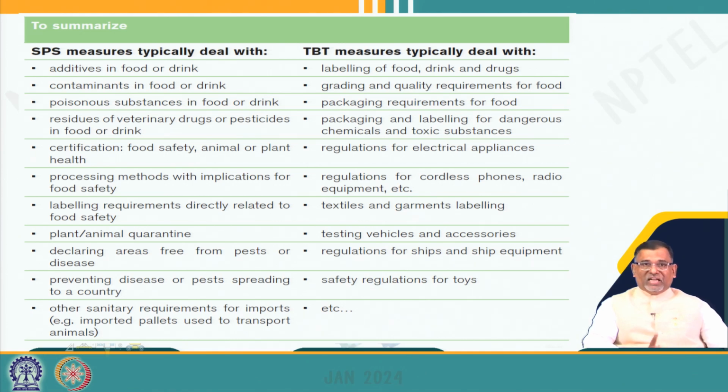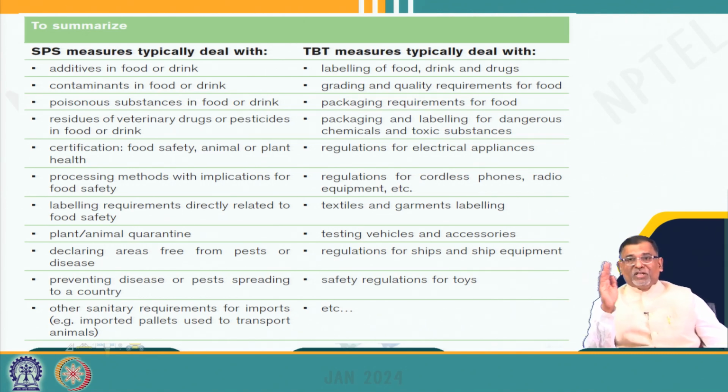Remember, labeling in general will come under the TBT, but specifically with regard to food, it is SPS. Plant and animal quarantine is SPS, declaring areas free from pest or disease or virus is an SPS measure, and preventing disease or pest from spreading to a particular country is also an SPS measure, and then other requirements of import, for example, transport of animals, is an SPS measure.